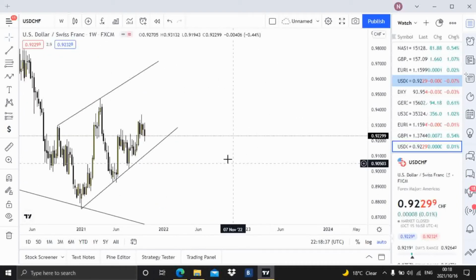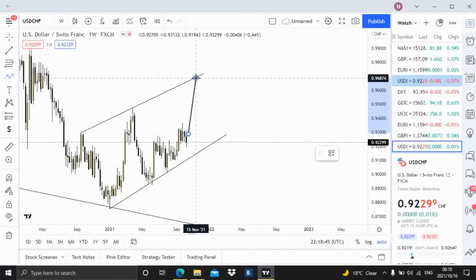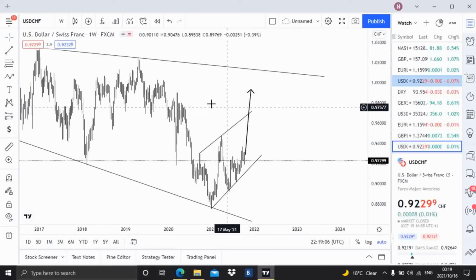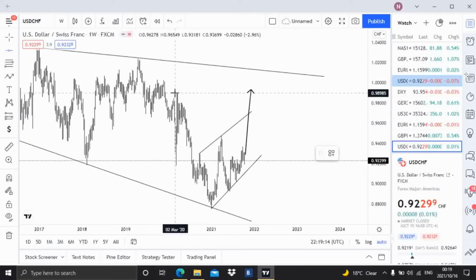If the market comes to this trend line here, we would be expecting a sell to the downside and our take profit would be on this trend line here, or we would expect a breakout of the trend line to the upside, and our take profit would be our nearest support, which is this one here.